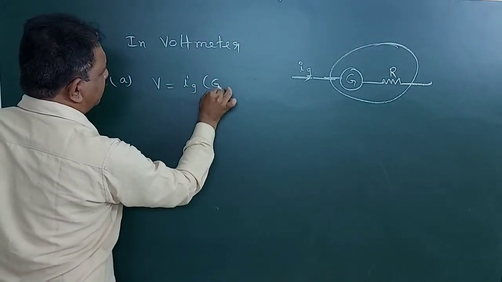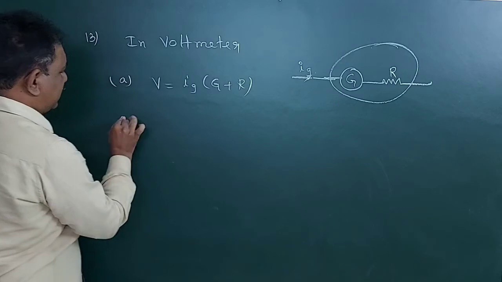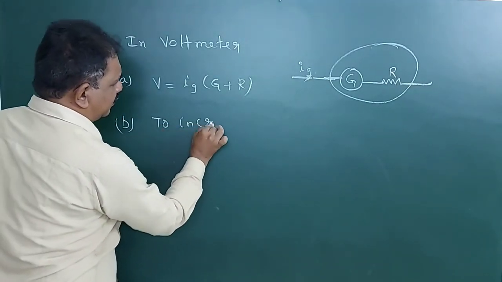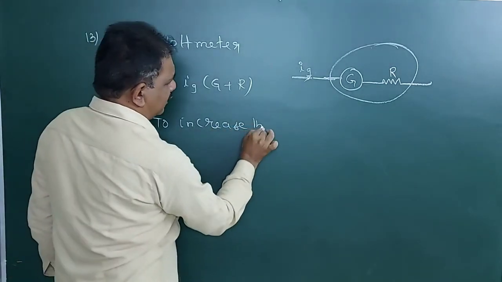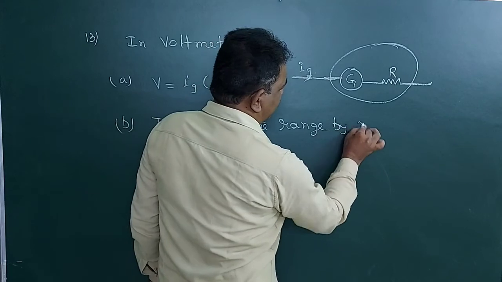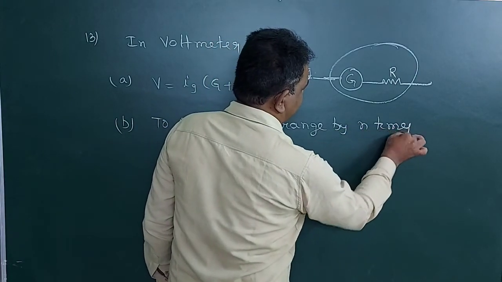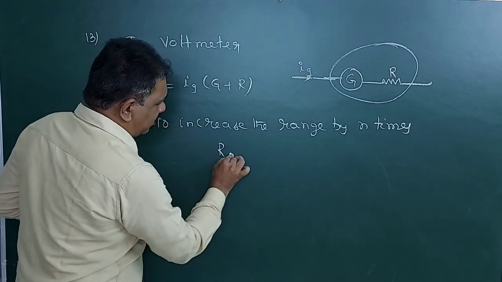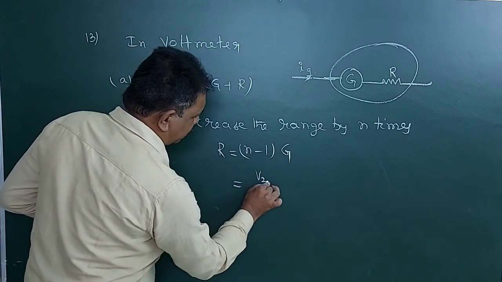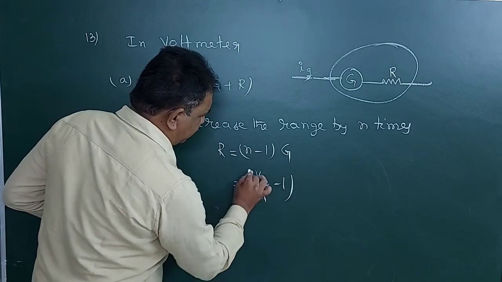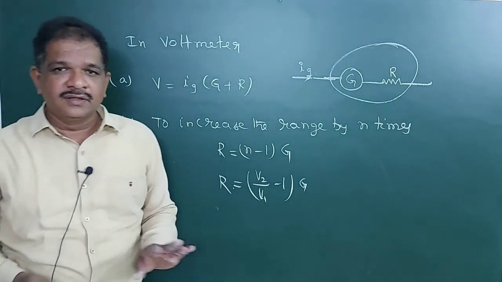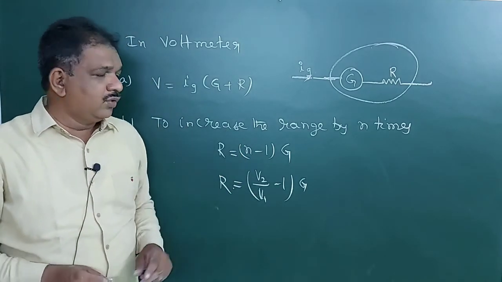Ig into (G plus R). To increase the range by n times, the formula we have to use is (n minus 1) into G, that is (V2 by V1 minus 1) into G. These formulas will be asked in the voltmeter.